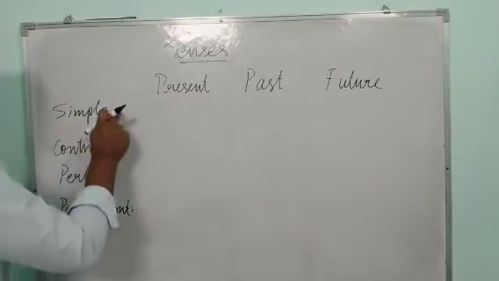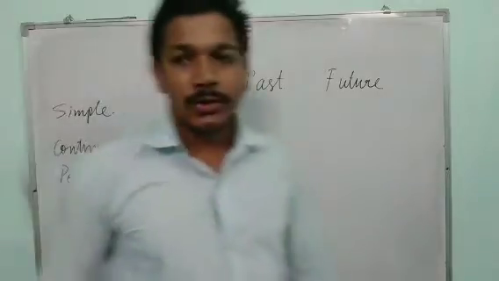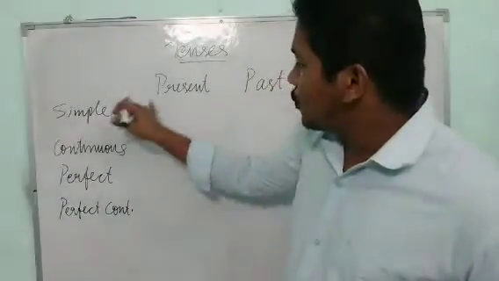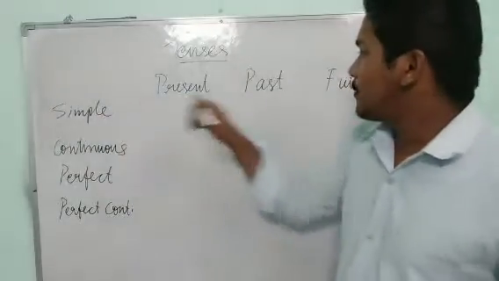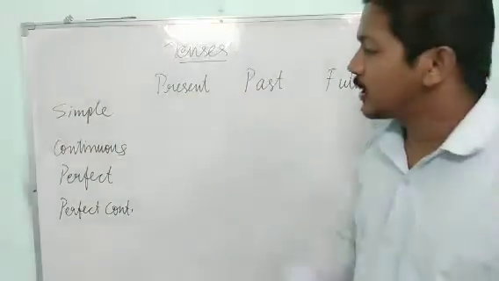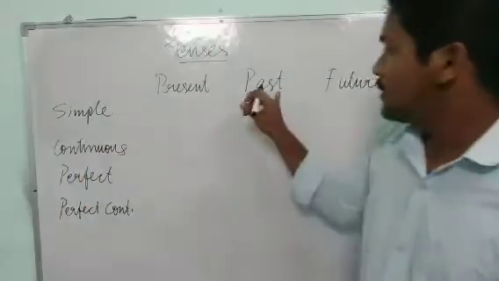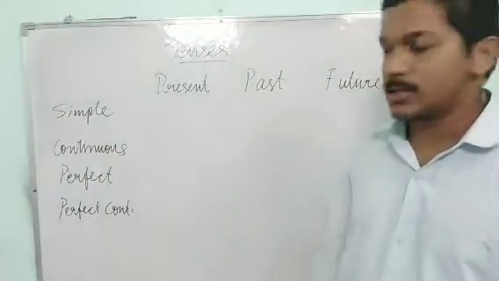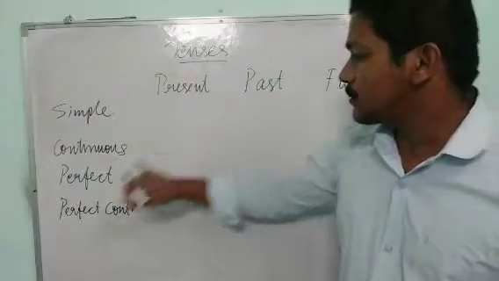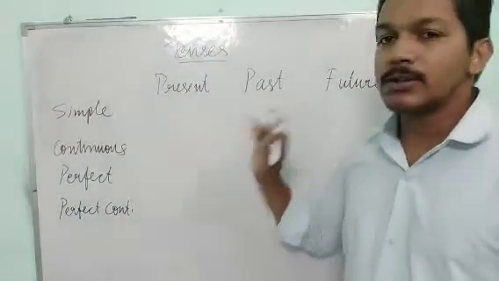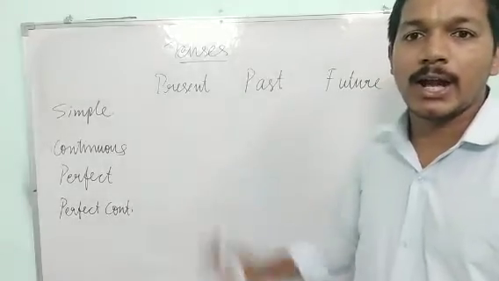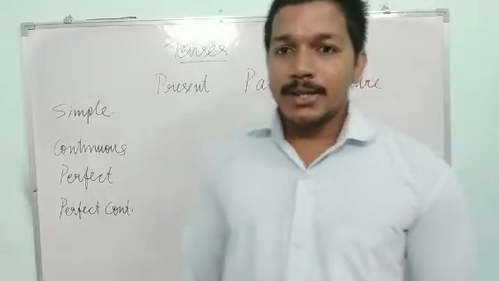Altogether there are 12 tenses. Simple present, simple past, simple future; present continuous, past continuous, future continuous; present perfect, past perfect, future perfect; present perfect continuous, past perfect continuous, and future perfect continuous.